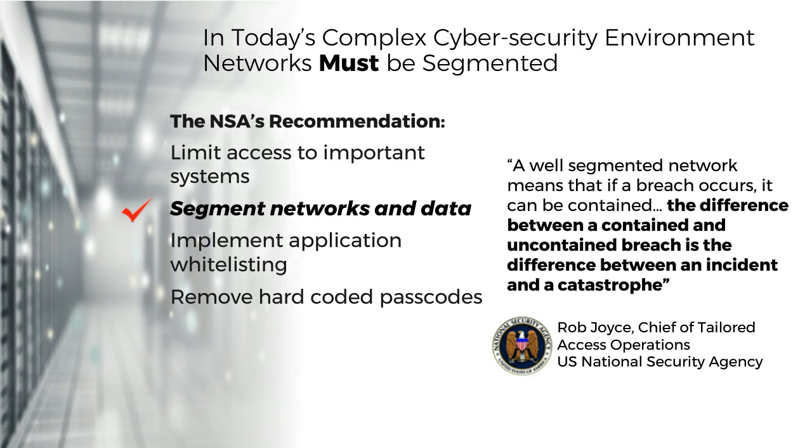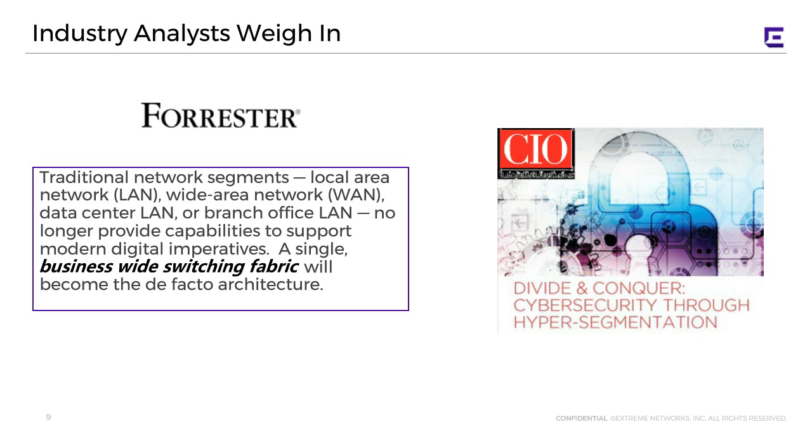Yeah, thanks, Dave. And then on top of it, you've got Forrester, you have Gartner. It's not on here, but Gartner in 2016 came out with best practices in network segmentation. They redid it in January of 2018. As you can see, Forrester stating a single business-wide switching fabric.